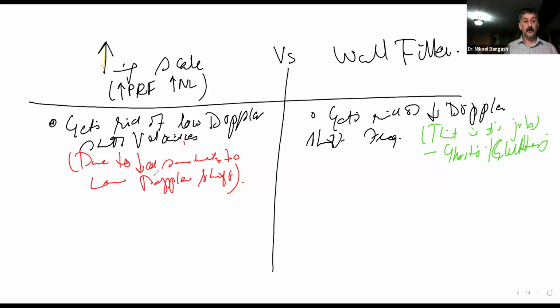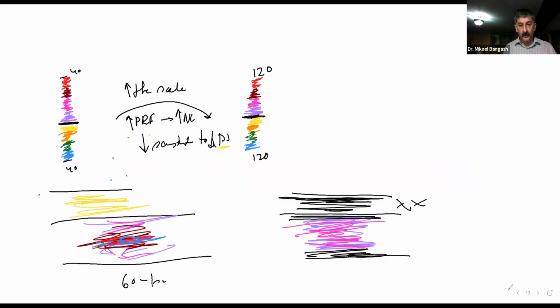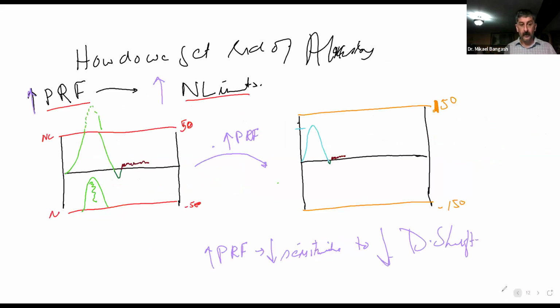But those signals are mainly going to disappear, whether in the color or in the spectrum. If not disappear, they just get lower on the scale.